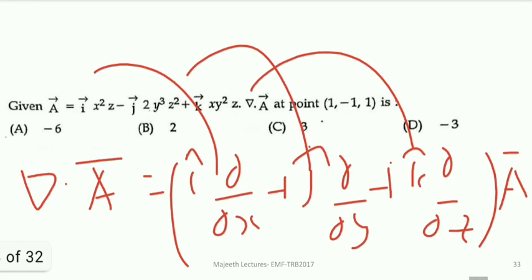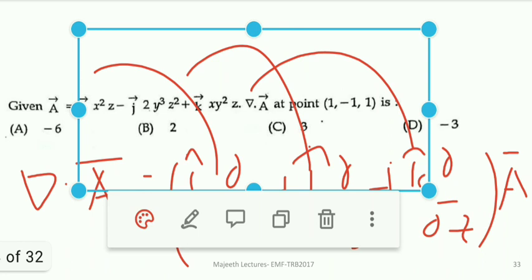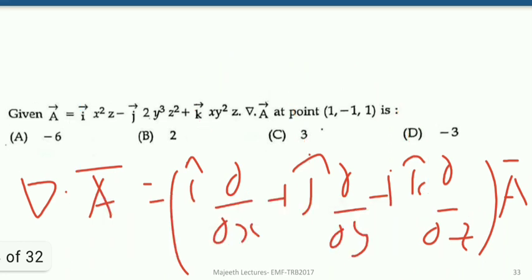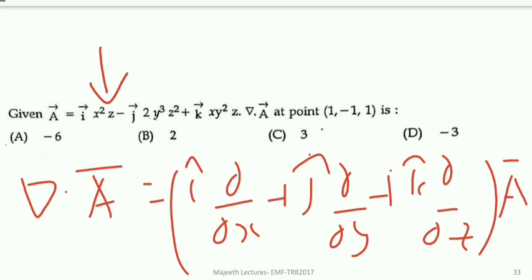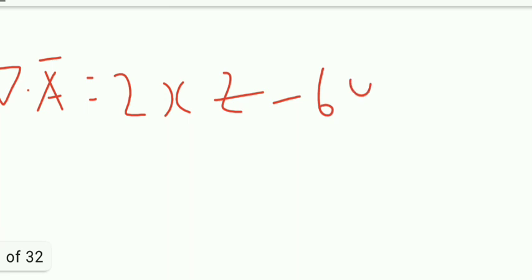Then the second one, j dot j is equal to 1, and we have to differentiate with y. So what you get is minus 6y squared z.